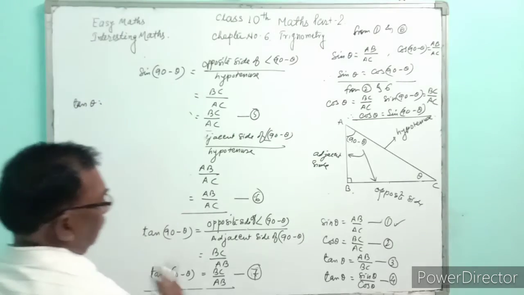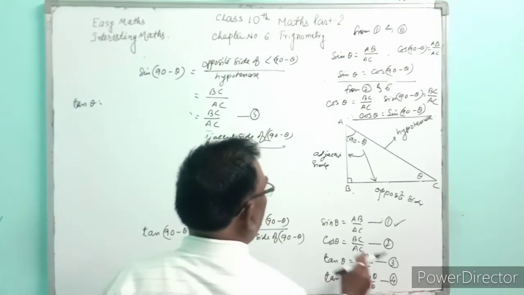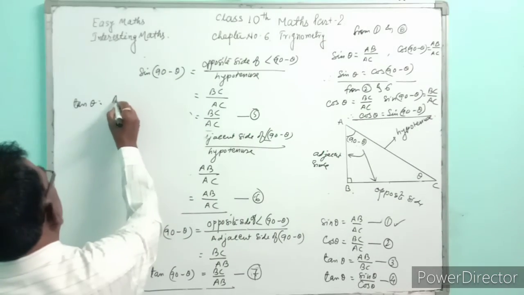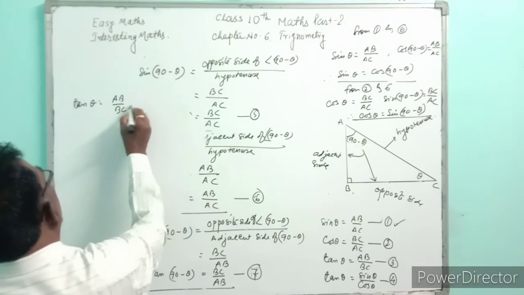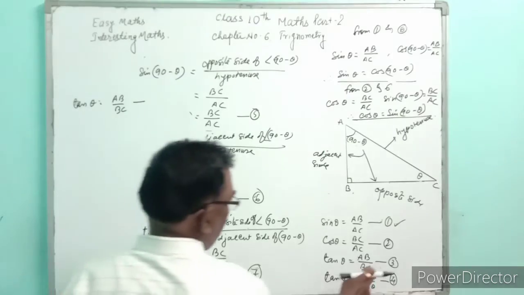Tan theta is equal to AB by BC. This is number 3.